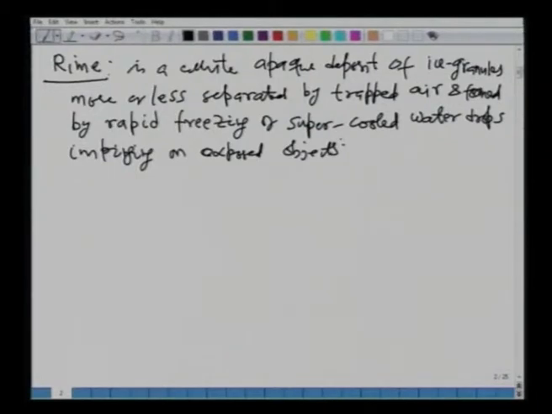Okay. So, what is rime? It is again a phenomenon that occurs on the ground. Okay. In this case, you have the liquid water falling and coming into contact with the exposed objects on the ground. All right. However, in this case what happens is there is a lot of air that gets trapped while the water is getting frozen into solid. Okay.